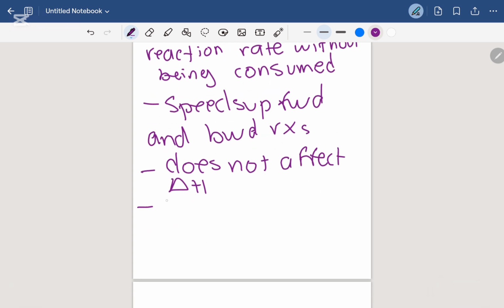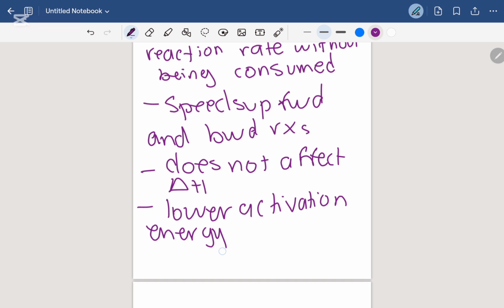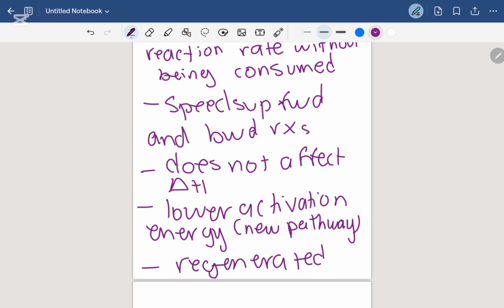And it gives us a lower activation energy or a new pathway. And then finally, it is regenerated at the end.